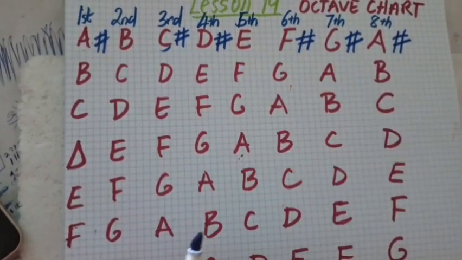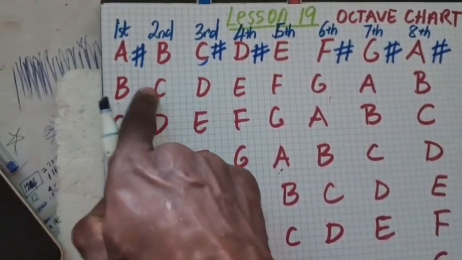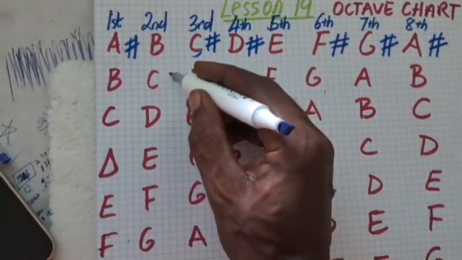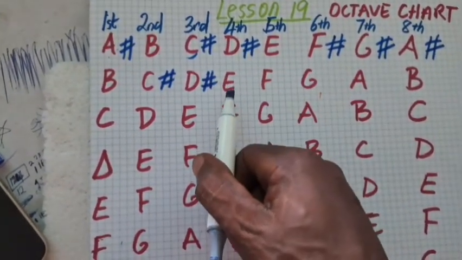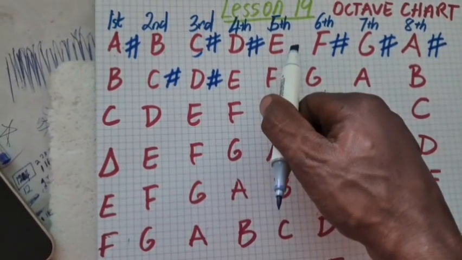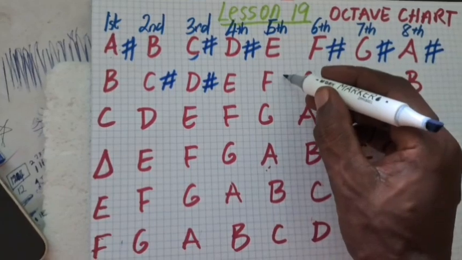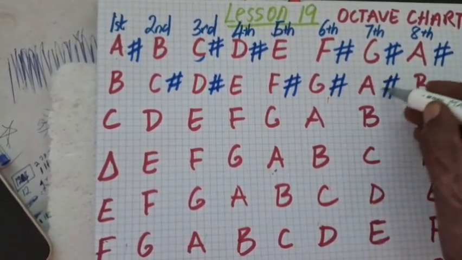Now, let's repeat that process, but using the key of B. Between B and C, there is no sharp. So we have C, C sharp, D, D sharp. As we said, E, as you see here, no sharp. So you go direct to F. So we have F sharp, G sharp, A sharp.